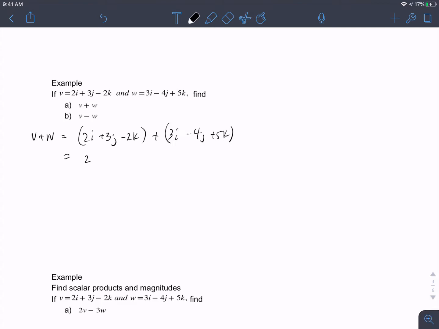So I'm going to go 2 plus 3, 2 plus 3i, not j. 2 plus 3i plus 3 minus 4j plus a negative 2 plus 5k. And so that's going to give me 5i minus j plus 3k. And that's what v plus w would be.